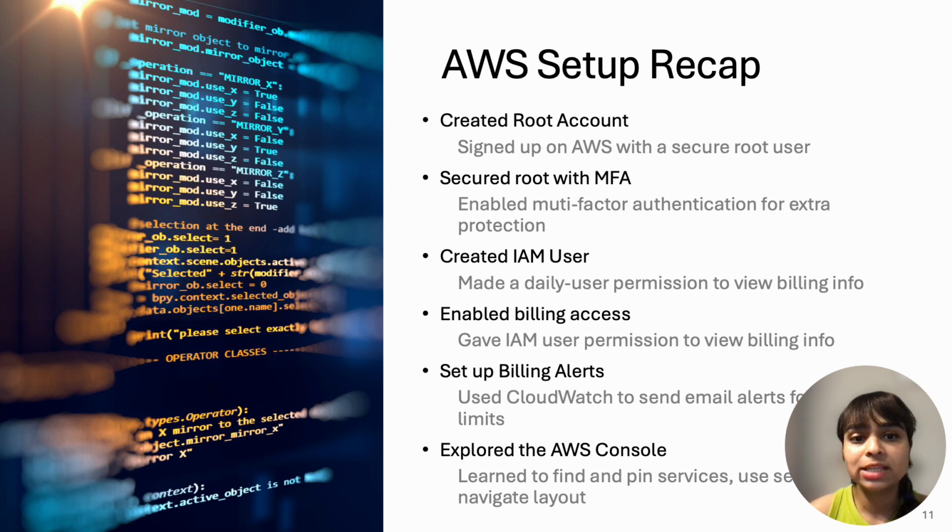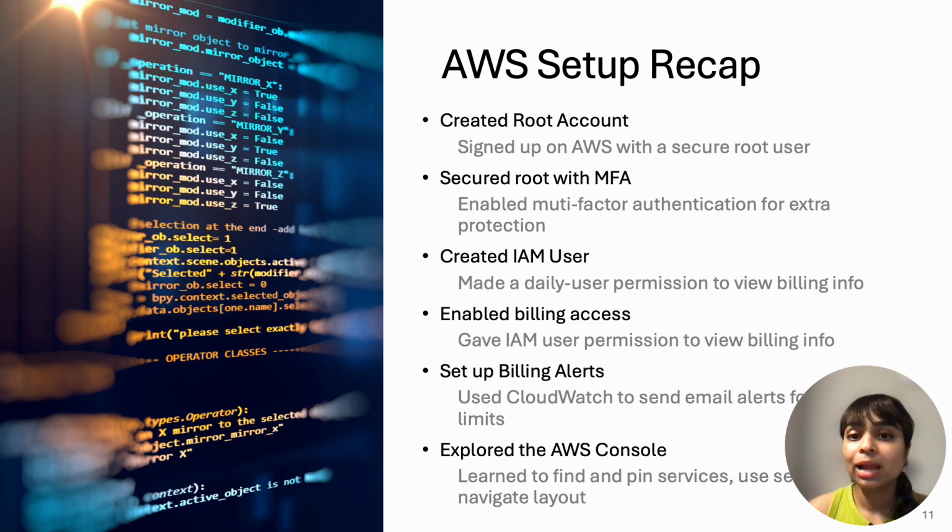Because AWS likes to keep your billing info locked down, we had to manually enable billing access for IAM users. Otherwise, you'd be flying blind with no clue of how much you are spending. Although you won't be spending right now because you are on AWS free tier, and you know what all services are included in AWS free tier.